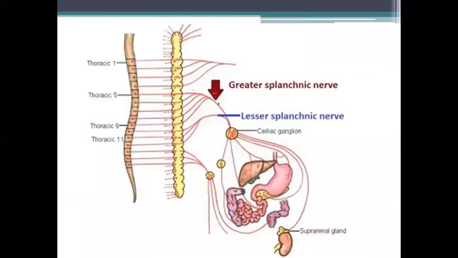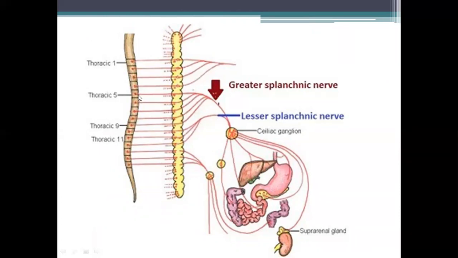If you see the diagram, these are for the formation of the plexus. These are the postganglionic fibers of the T5 to T12 ganglia. This is the greater splanchnic nerve, this is the lesser splanchnic nerve, and this is the least splanchnic nerve.